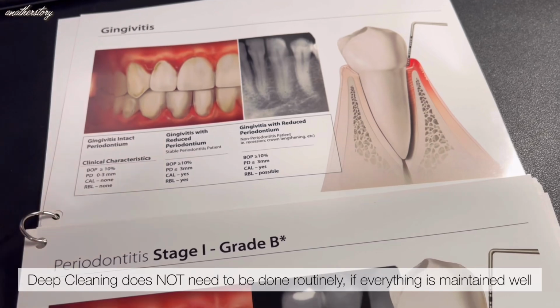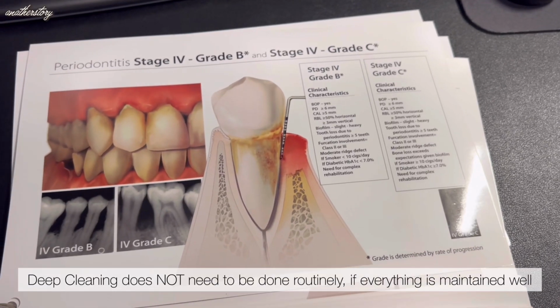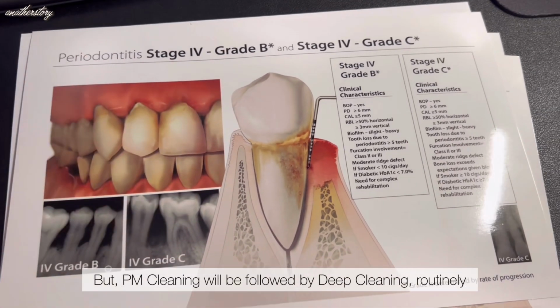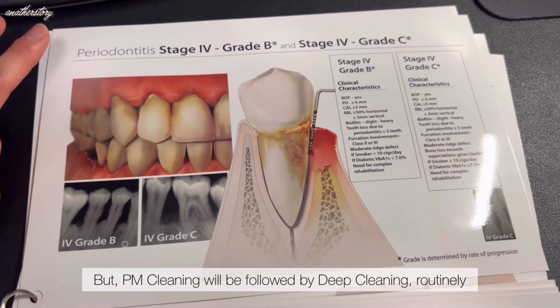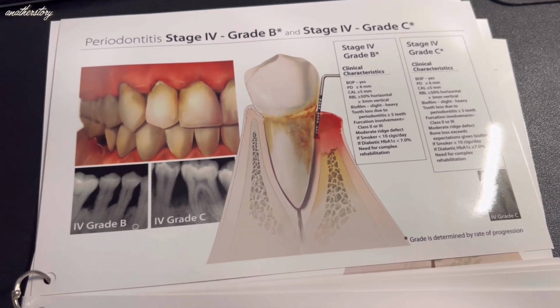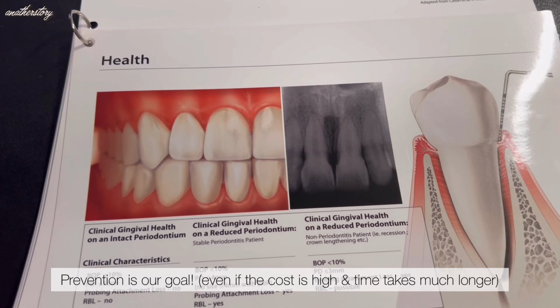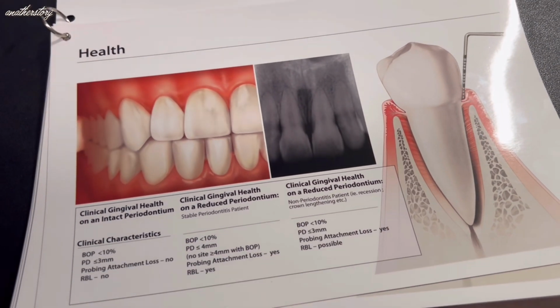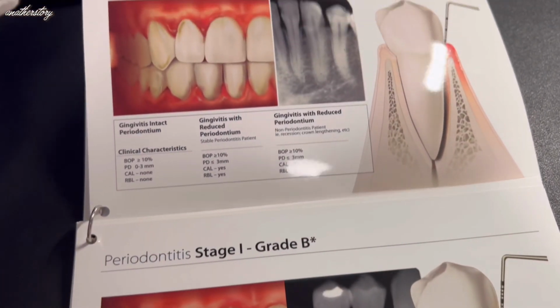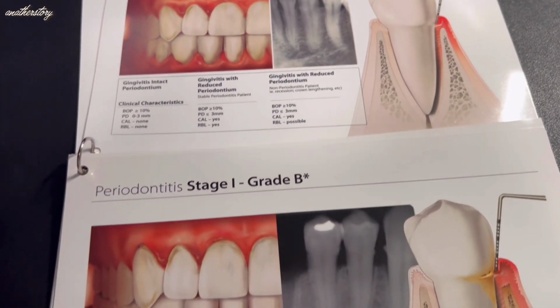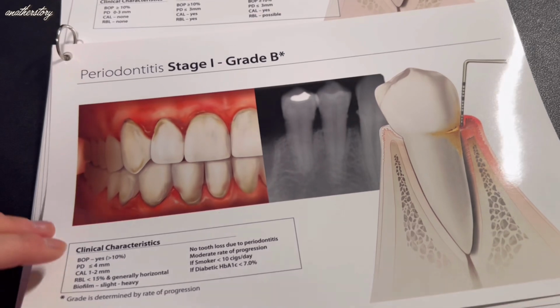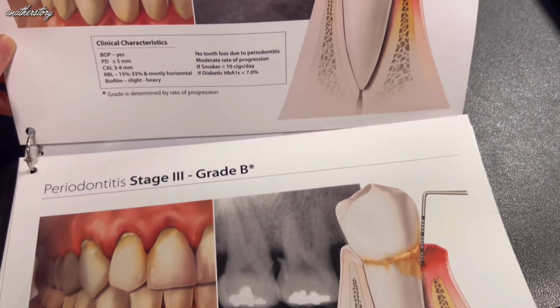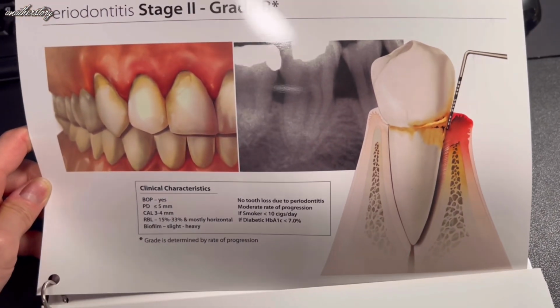I just want to give you guys information about the staging, and the difference between periodontitis and gingivitis. And normally that's the reason why we can decide whether you need just a regular healthy cleaning, or gingivitis cleaning, or localized deep cleaning, or full mouth deep cleaning based on your gum condition.